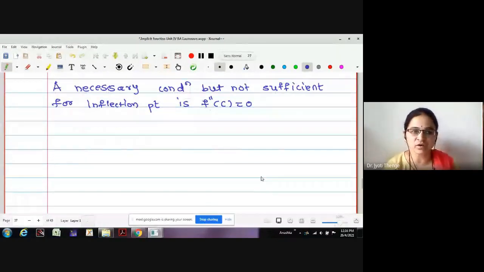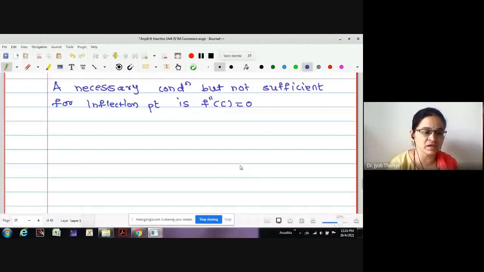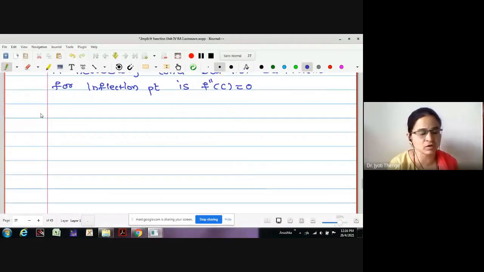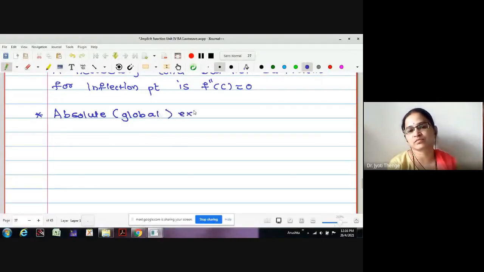The last point I want to explain regarding extrema is absolute extrema, or one can say global extrema, or local extrema. Let me just write the definition. Absolute, or one can say global, extremum values. The definition is very easy.